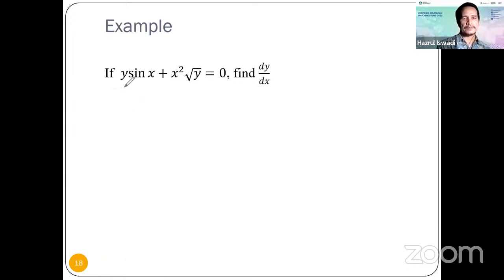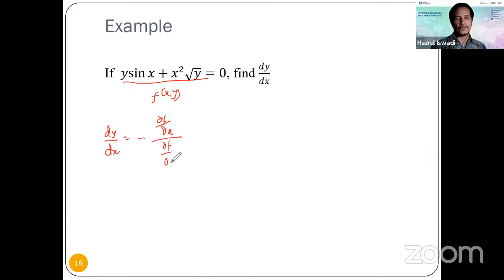So this is a function f(x, y), and dy/dx is minus ∂f/∂x over ∂f/∂y.